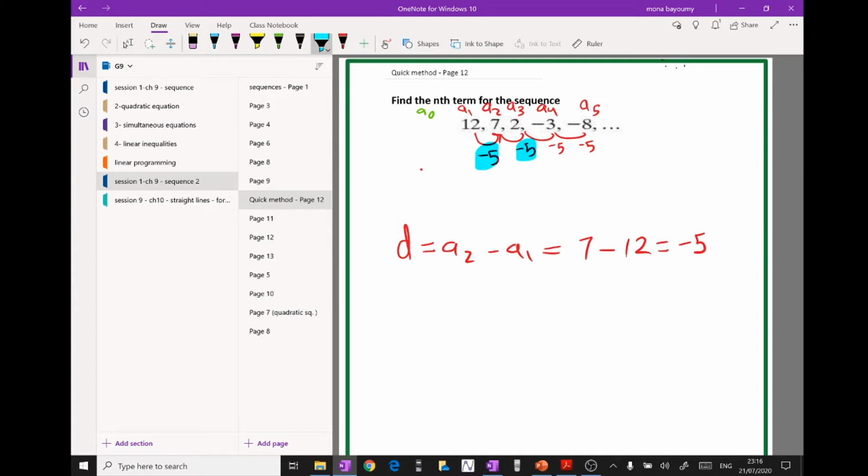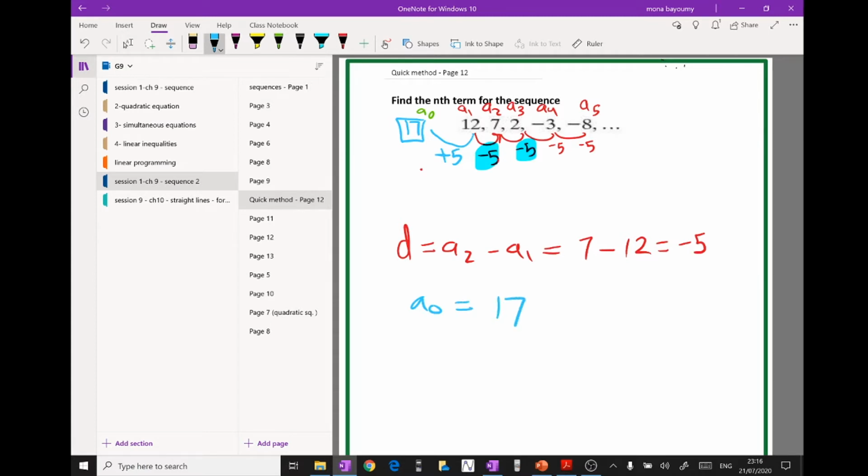To find the zero term, you have to inverse the operation. There, we subtract 5. Now you have to add 5. 12 plus 5 is 17. So A0 is equal to 17.